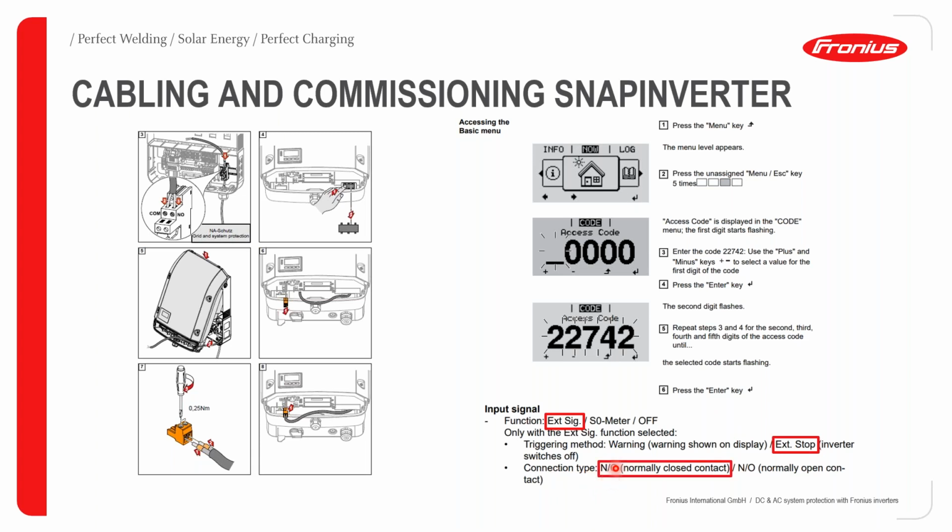So the S0 switch will now be connected on the normally closed mode. Once it's normally closed, the inverter goes to the normally open mode and then it's disconnected.